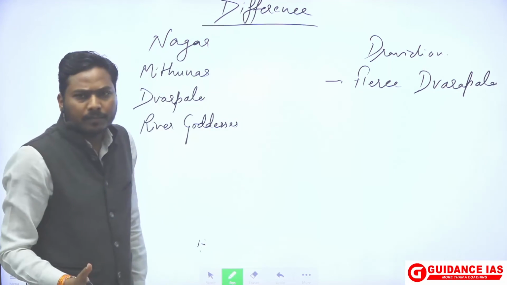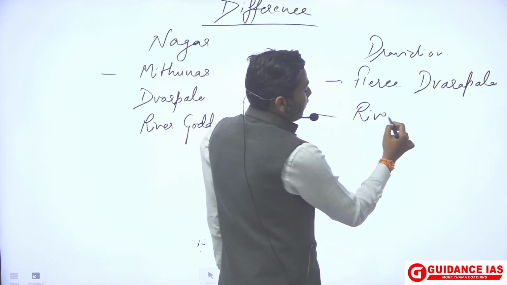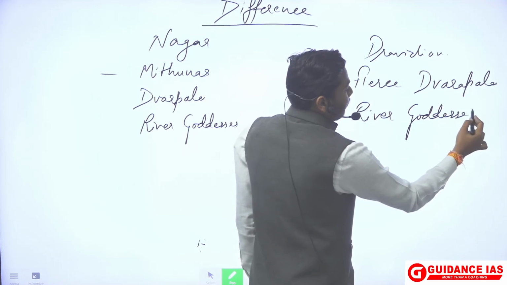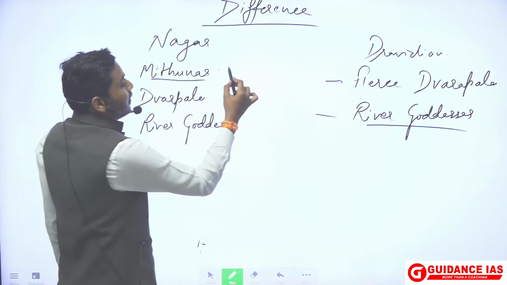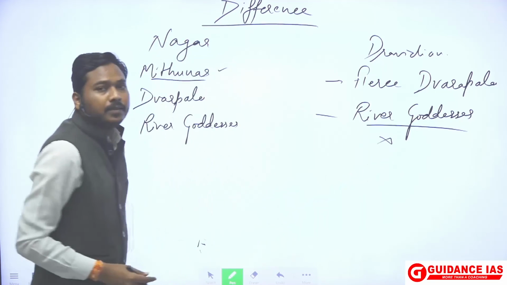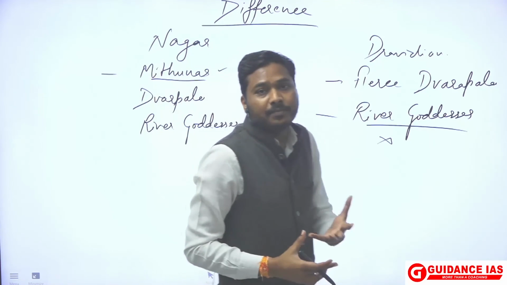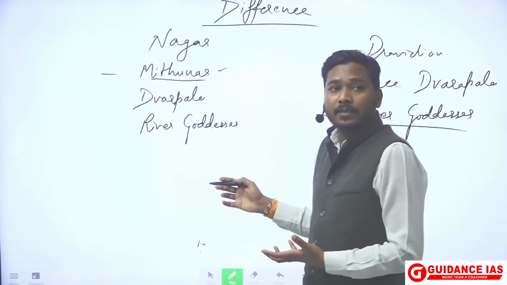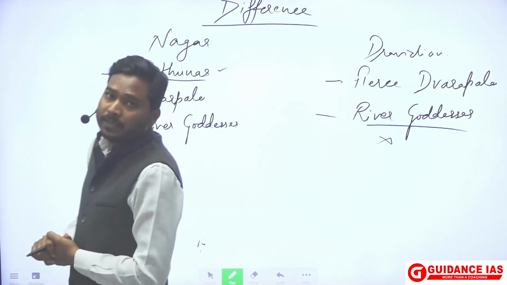Mithunas are not there. Clear? Then there are river goddesses as well. Clear? But Mithunas are here. It is absent here. Clear? So that is the basic difference between the Nagar style and the Dravidian style. Clear? So now this is all about temple architecture.